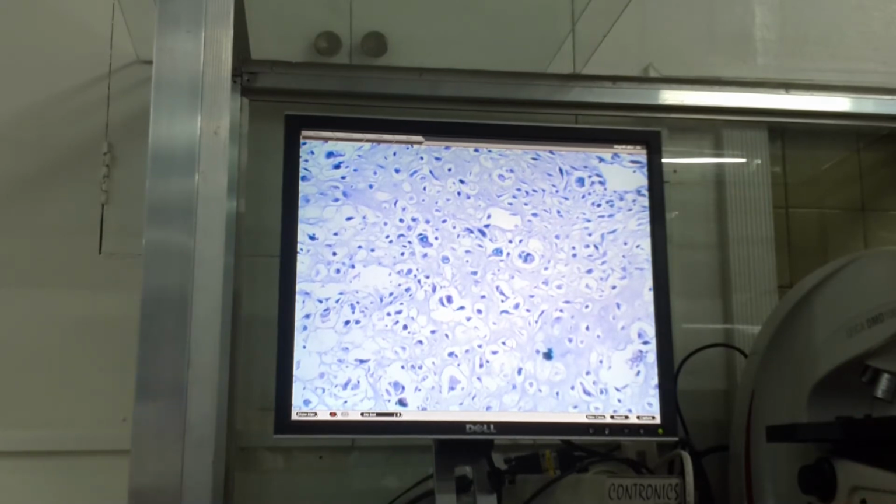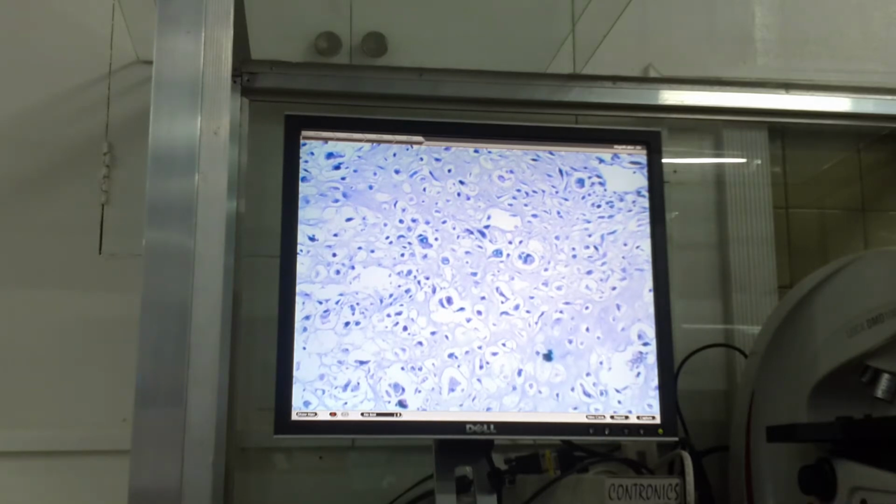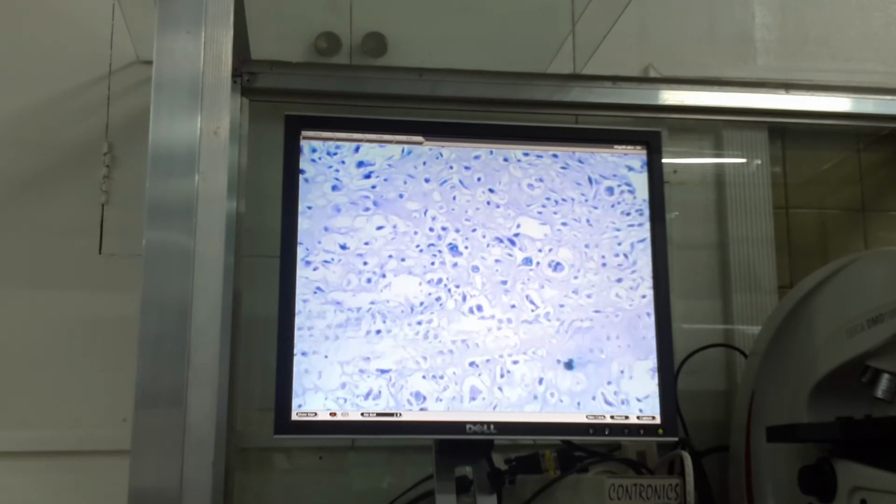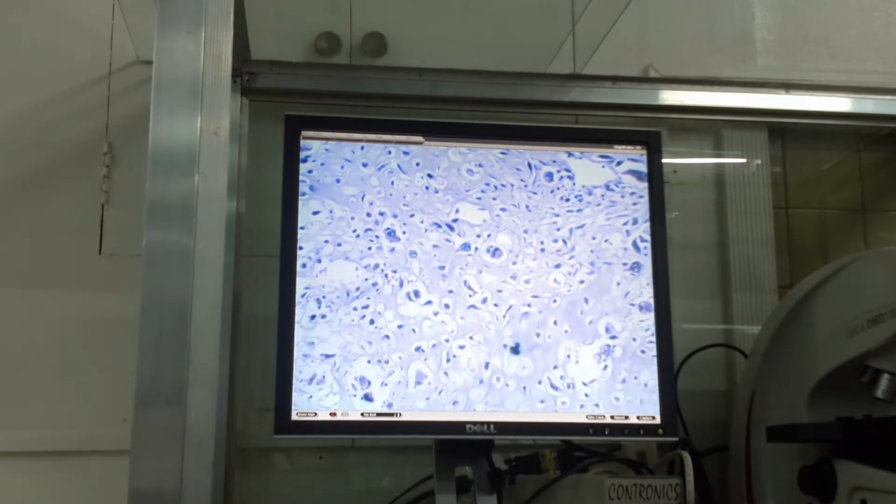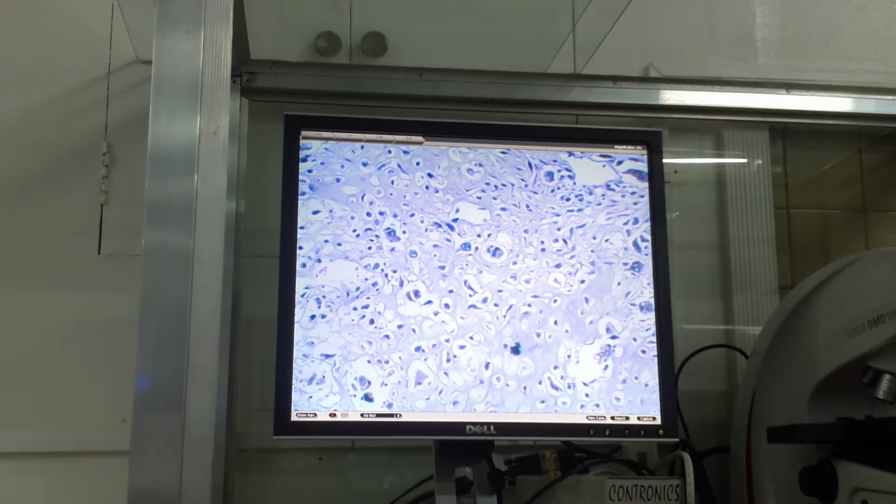Will you be able to recognize this on practical examinations? Hopefully. Okay? This is the osteoid matrix. These are the malignant cells. The osteoid matrix, it produces. This is an osteoblastic type of osteosarcoma. Next.